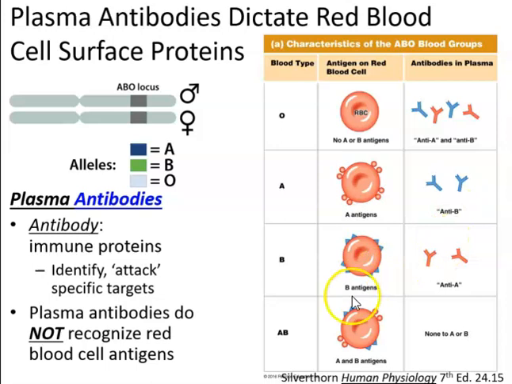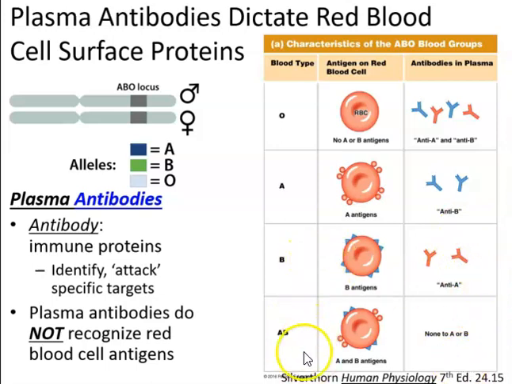So for type B blood, there are B antigens on the surface of the red blood cell and anti-A antibodies within the plasma, meaning they cannot receive any blood that is type A, because if they receive type A, the anti-A antibodies will bind to that blood and cause agglutination and wreak havoc.